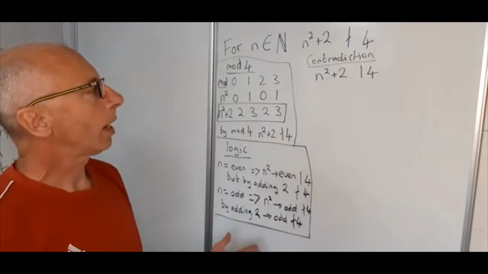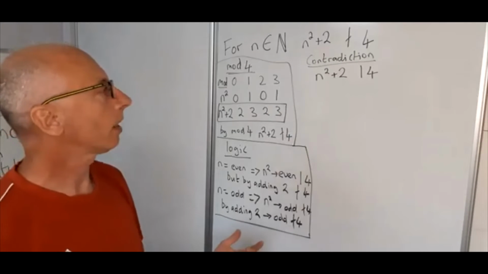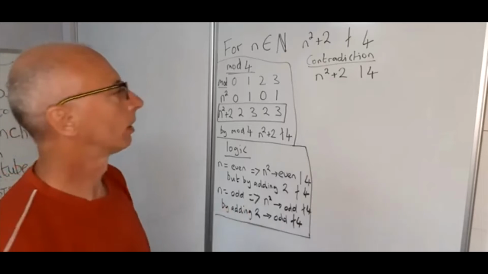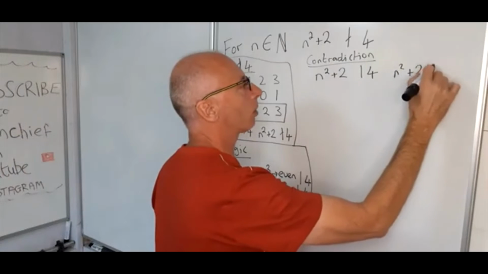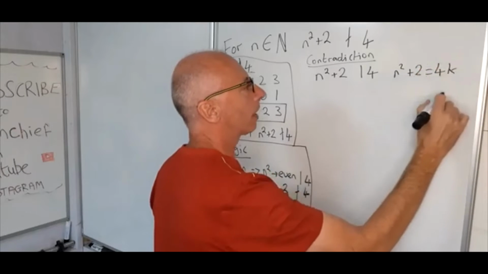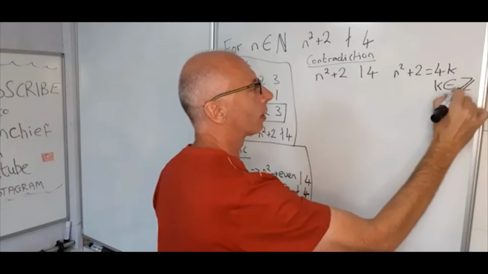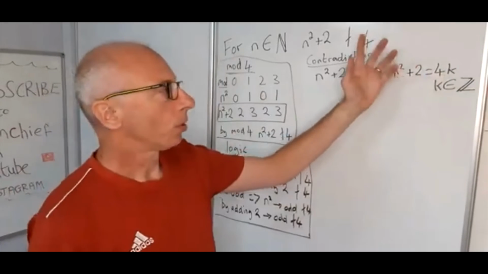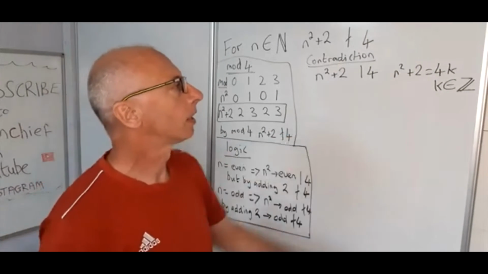So how are we going to go about going on from this proof here? Now what we do, we let n squared plus 2 equal 4k, where k is an integer. So you could have 0, 1, 2 and so on. Even the minus numbers we could have for that.